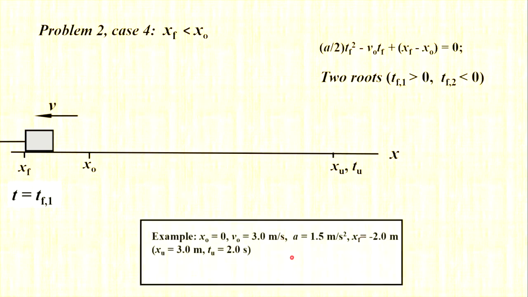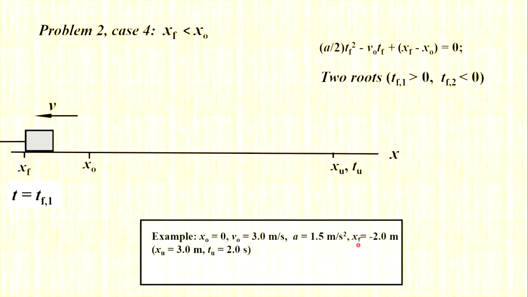As an example, we consider again the initial conditions which we used previously and which lead to the U-turn point at position 3.0 meters and time to arrive at this point 2.0 seconds.